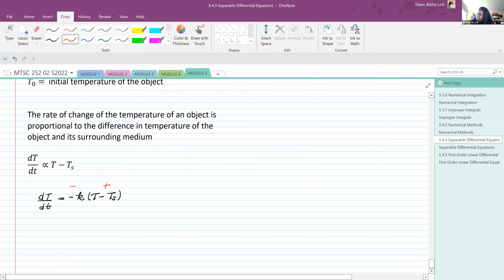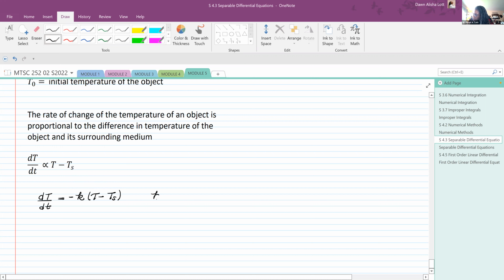So therefore, the rate of change is negative. In other words, the object loses heat. If the temperature of the object is less than the surrounding, it gains heat.